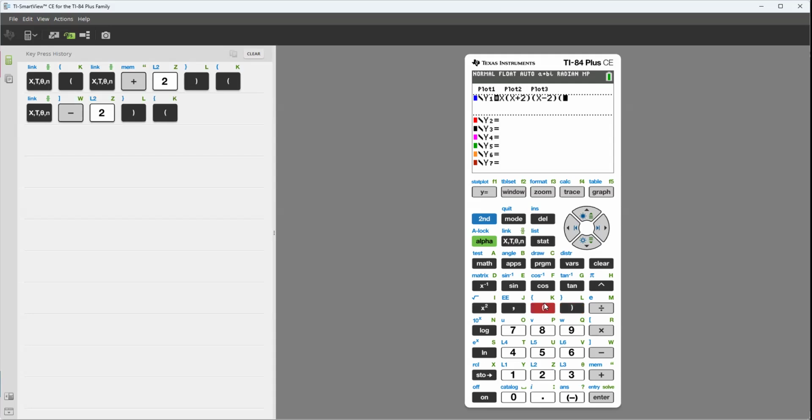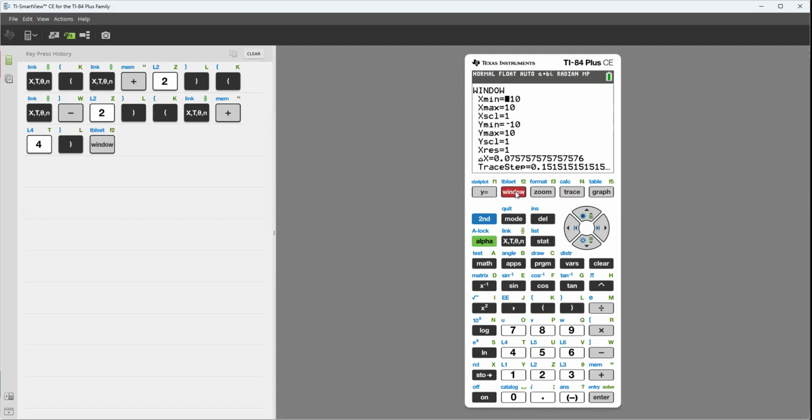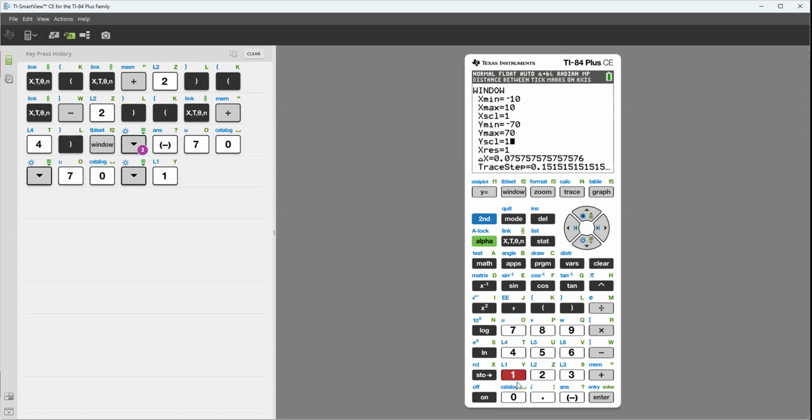And in my last parentheses, X plus 4. All right, I got everything down. I'm going to go to my window. So the X's went from -10 to 10. They're good. That Y minimum, though, was -70. And then the Y maximum was a +70. And the Y's, I'm going to make them go by 10.